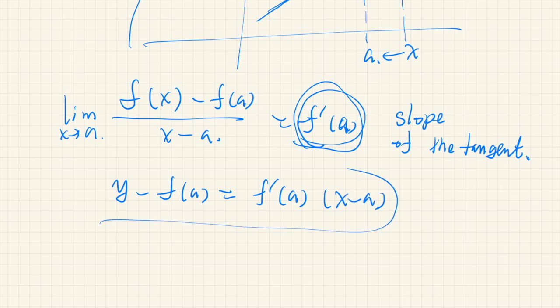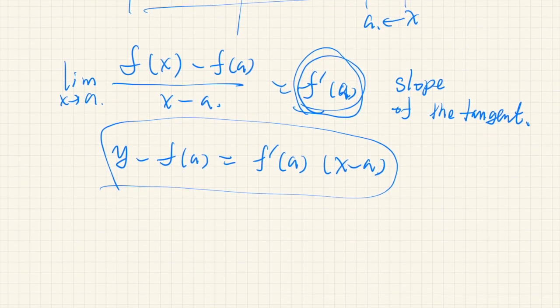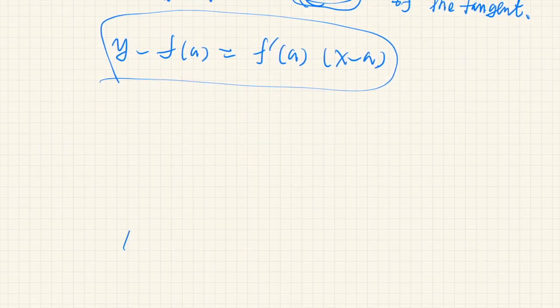This is the equation of the tangent line. And this tangent line gives some kind of approximation of the function itself. So let's consider this function again. We calculated the equation of the tangent line.